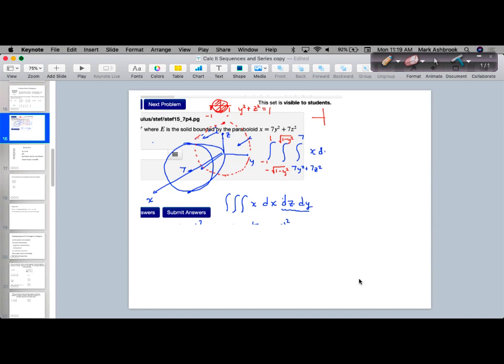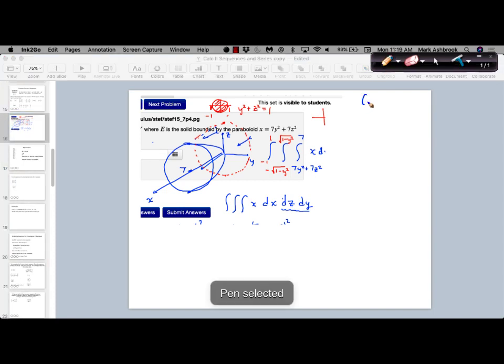Okay. So let's do it. A lot easier. So now we can just do cylindrical coordinates with our first variable now being x instead of z. So use coordinates like this, r, theta, x. But then this r and theta is in the yz plane.